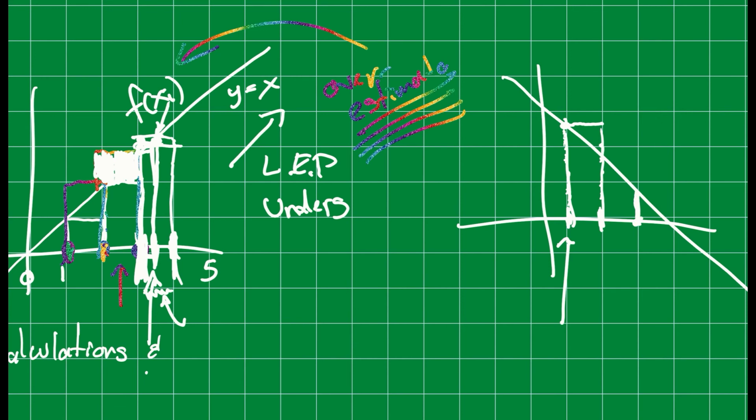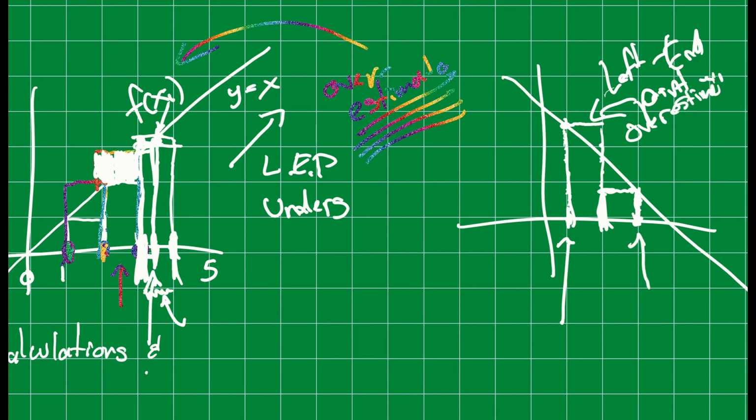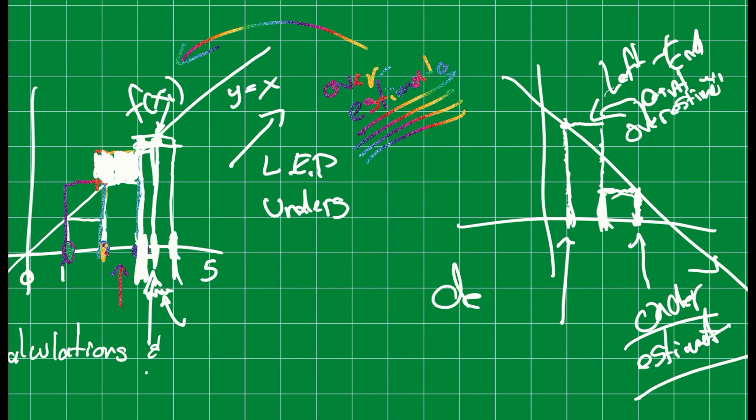If I go up, then you see, so a left endpoint in this case ended up with an overestimate, and the right endpoint ended up with an underestimate. All right, so we need to start using what's happening when my function is decreasing.